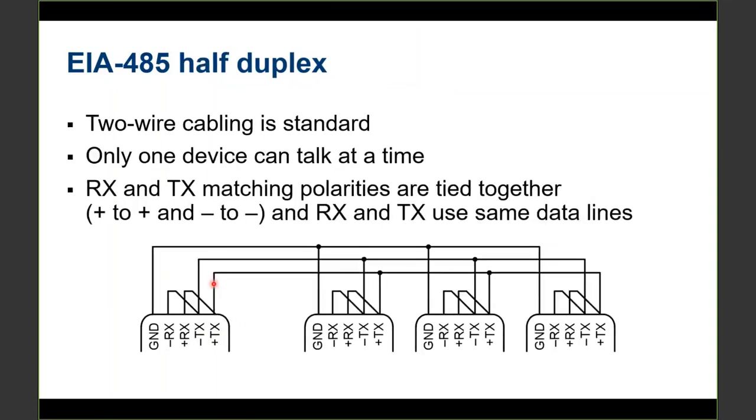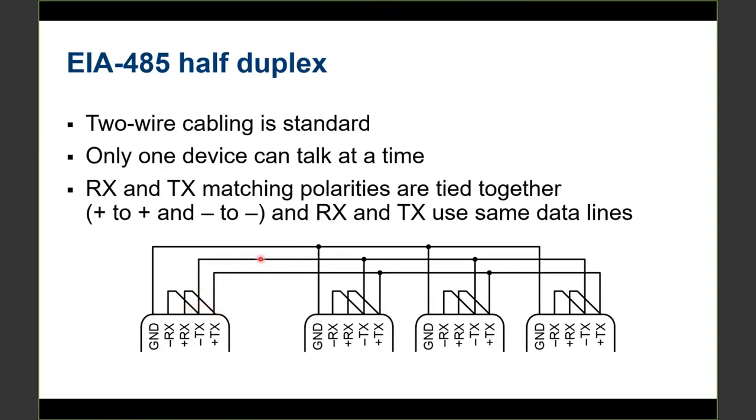So with 2-wire 485, you'll see that only one device can talk at a time, because they're sharing. So we have the TX plus jumpered to the RX plus, and the TX minus jumpered to the RX minus. Okay, so let's say when the master is in transmit mode, basically it's going to turn on its transmitter, and it's going to send a signal out across the shared comm line from its TX plus to TX minus.